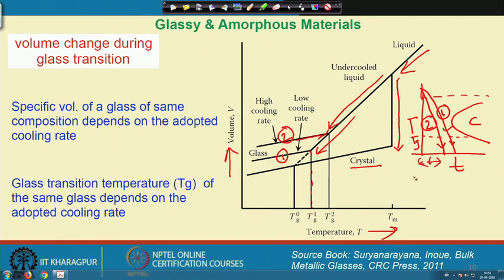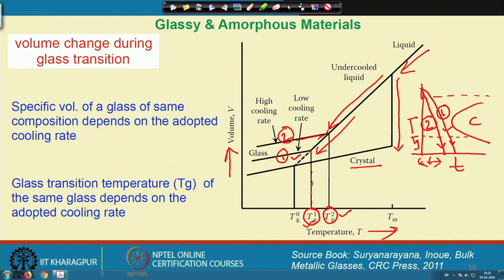And in this particular case, the glass transition temperatures will be different. How will they be different? In case of a higher cooling rate, the glass transition temperature will be higher, whereas in case of a slow cooling rate, the glass transition temperature will be lower.